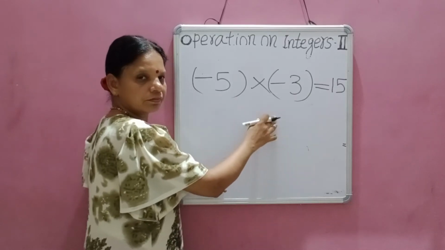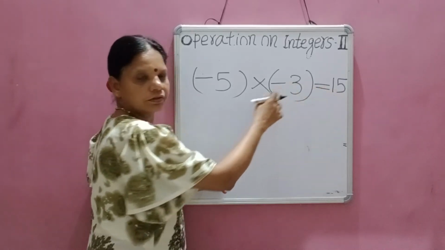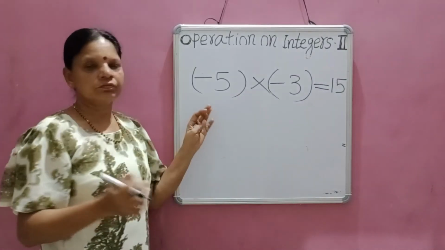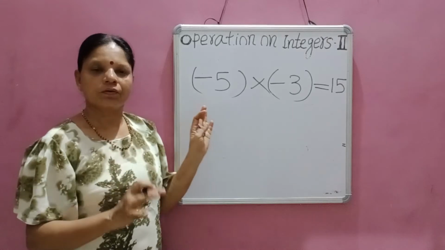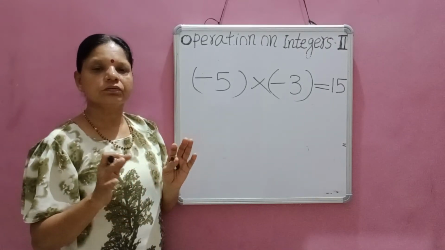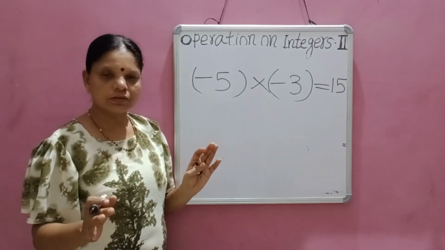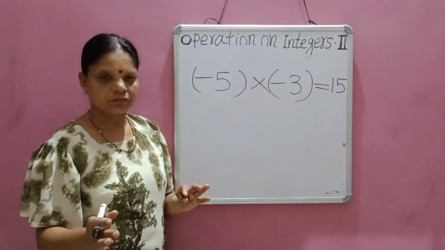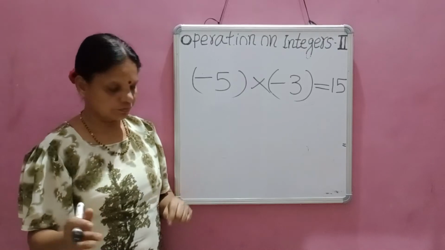Opposite of minus 5 would be minus 15. But it is plus 15. That way it happens. So you remember that. The product of any two negative integers is positive. Here the product is positive.